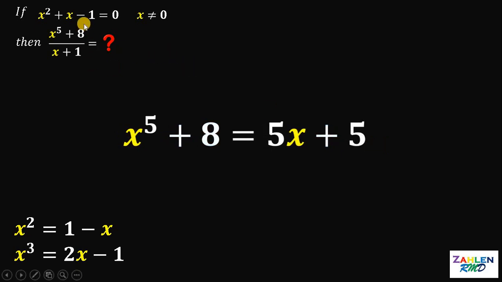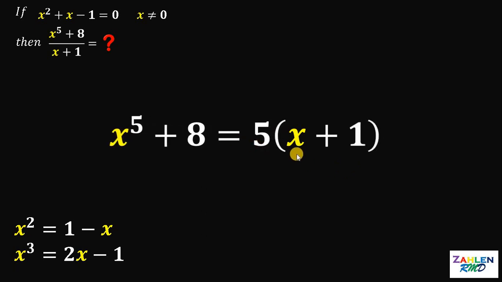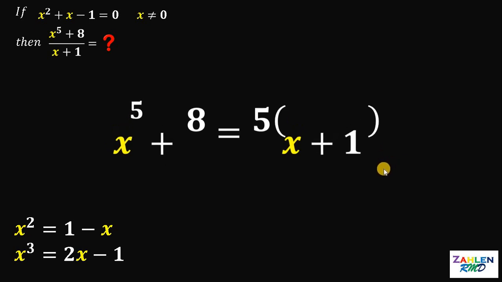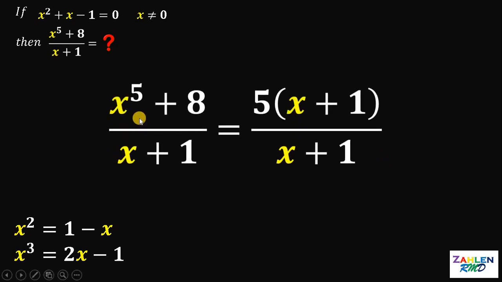Now, take note that we now have x raised to the fifth power plus 8. How about x plus 1? On the right-hand side, if we factor out 5, this will give us 5 multiplied by x plus 1. Now, what we're going to do is divide both sides by x plus 1. On the left-hand side, we now have x raised to the fifth power plus 8 all over x plus 1.